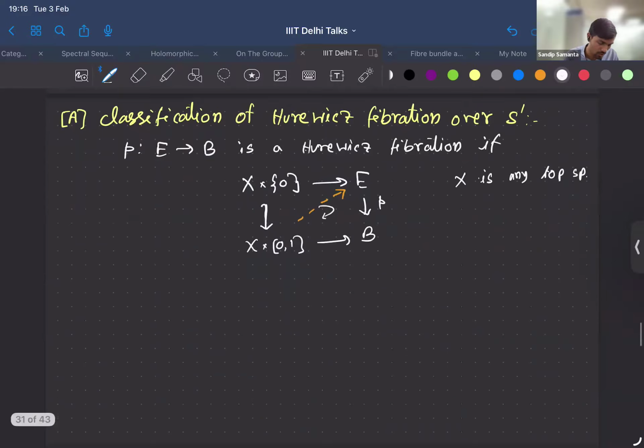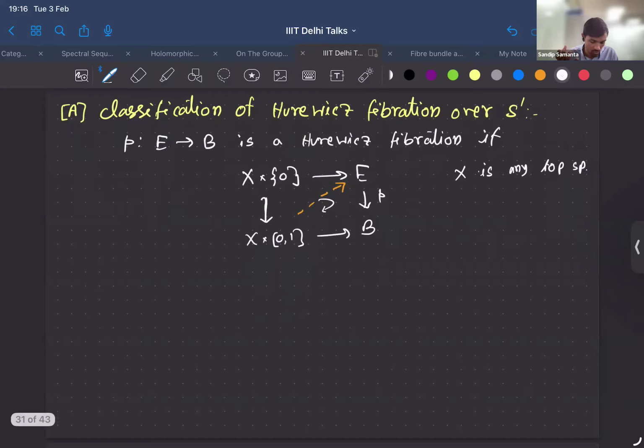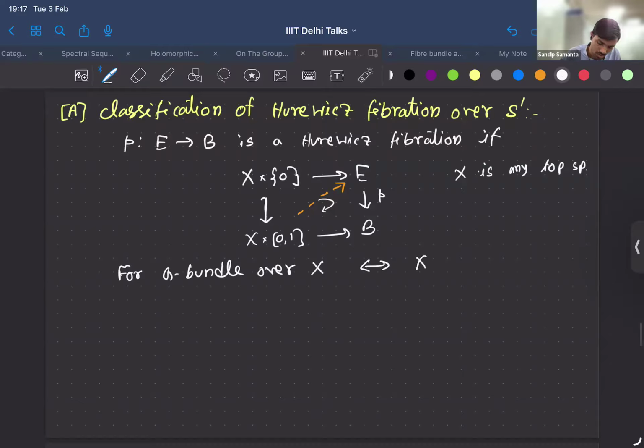So classification in general for fiber bundles, if you've seen, those fiber bundles also have principal G bundles. Those have classification over a certain space. If you recall, for fiber bundles, just as an analogy, for principal G bundle over X, the isomorphism classes of those things are in one-to-one correspondence with maps from X to BG.